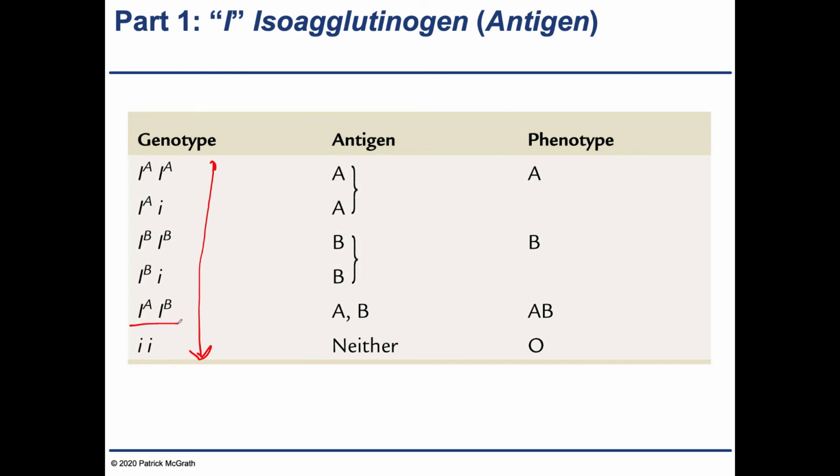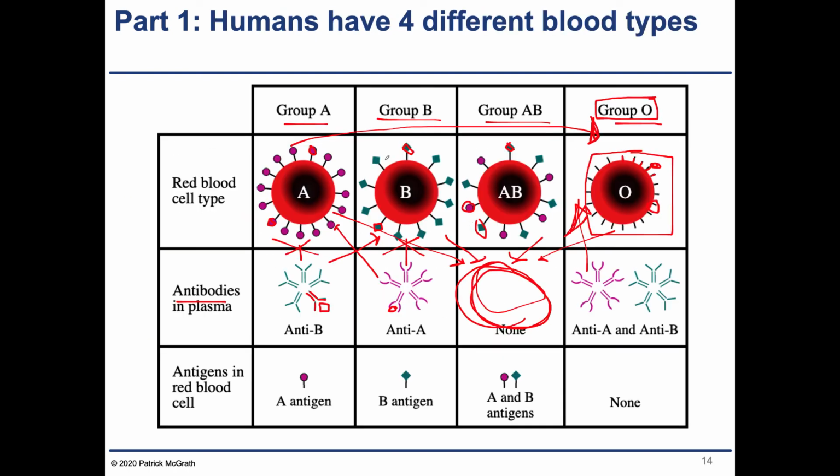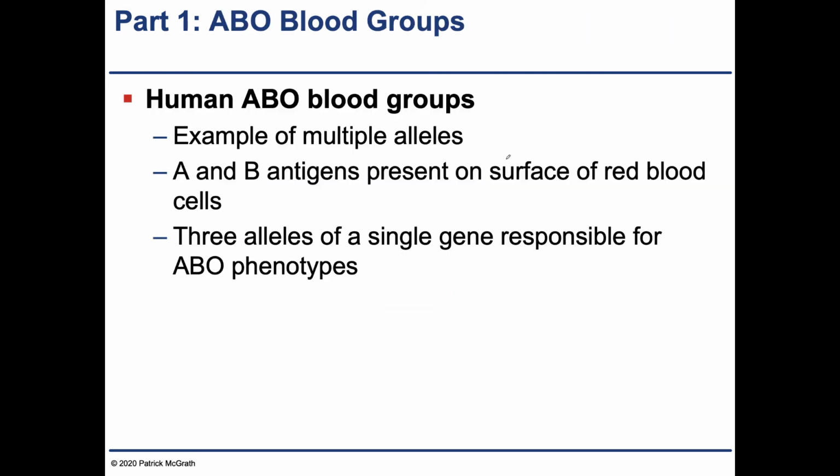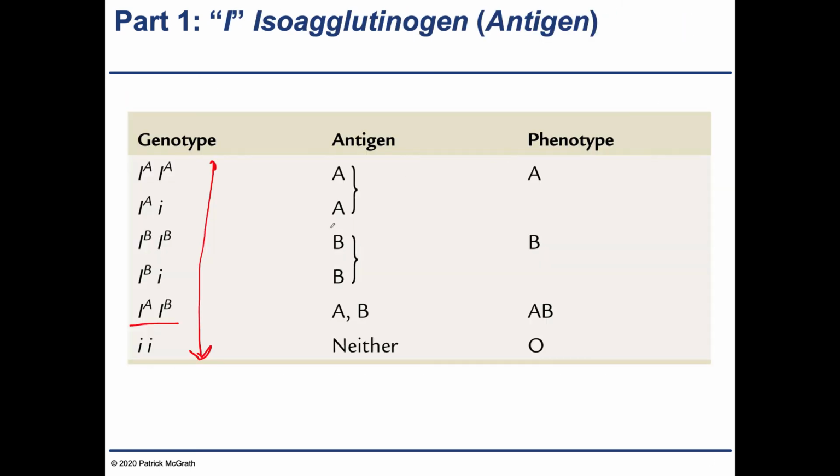If you are heterozygous for A and B, then you produce both of the antigens. This gene produces the A antigen and this produces the B antigen. This is why it's referred to as codominant, because you're actually producing a blood group that has both the A and the B. If you're A blood type, you either are this genotype or this genotype, IA IA or IA little i, and IB IB or IB little i.